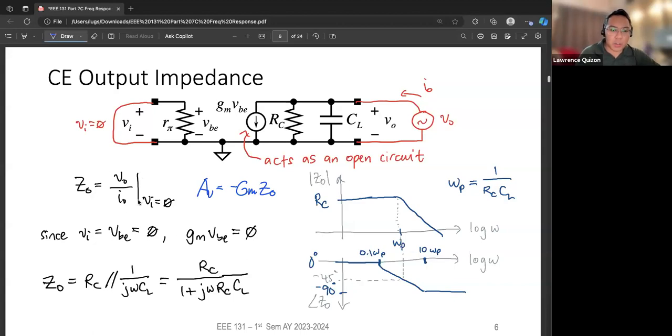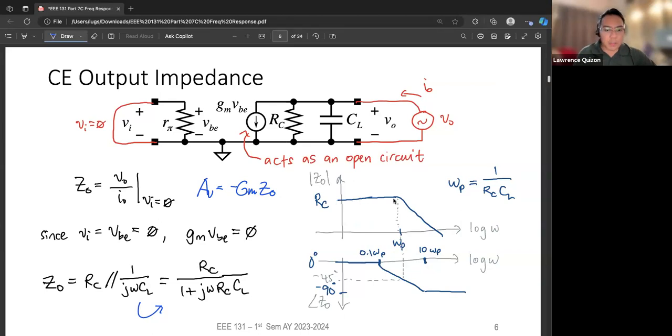So if we solve for the two-port output impedance, again, Vout over Iout, given that Vin is zero input, we can calculate Zout like this, and we find that it's just, obviously, RC parallel 1 over j omega CL. We know this from previous classes, no? We can rearrange that to just RC with a single pole.